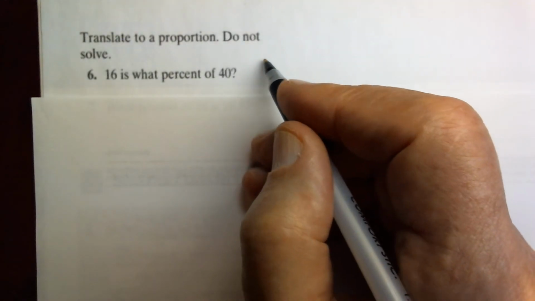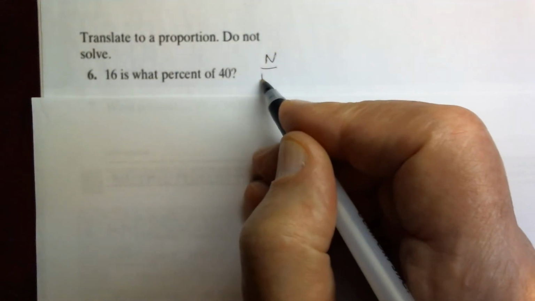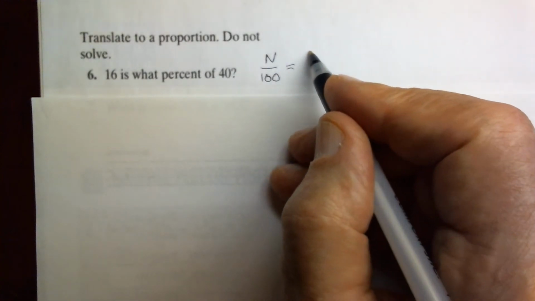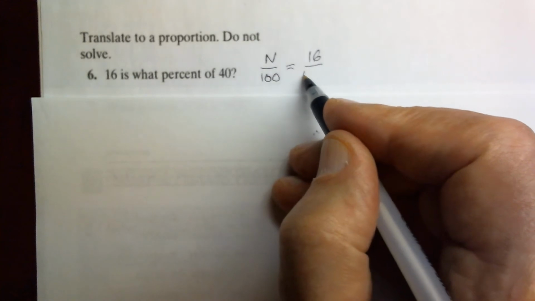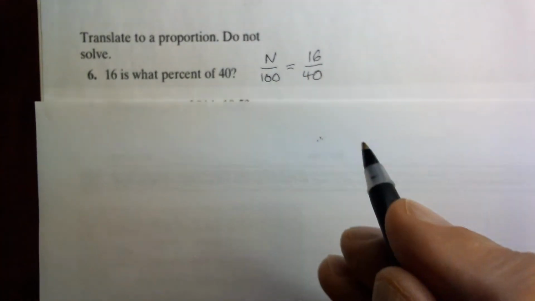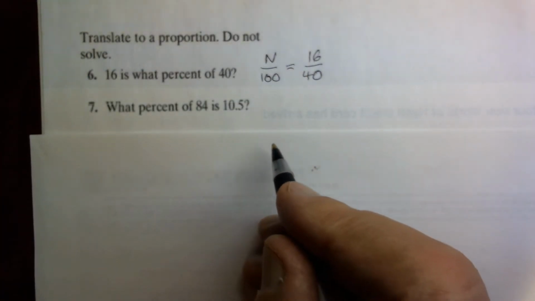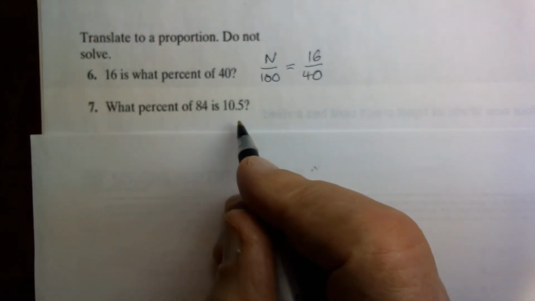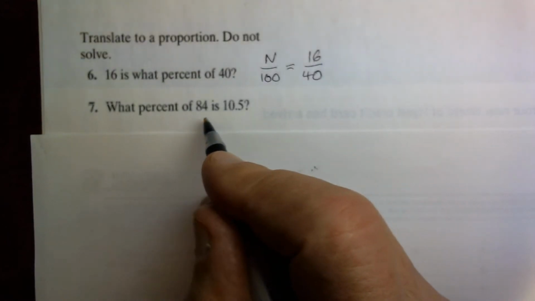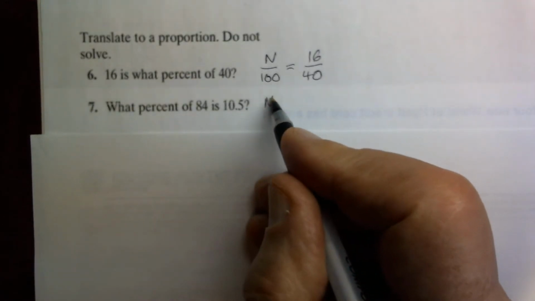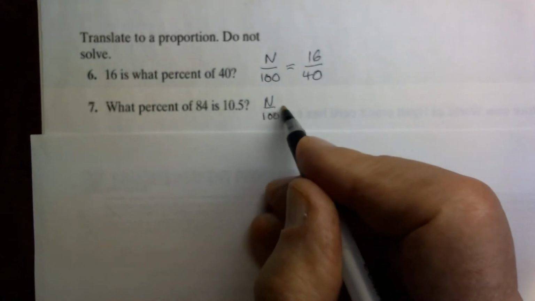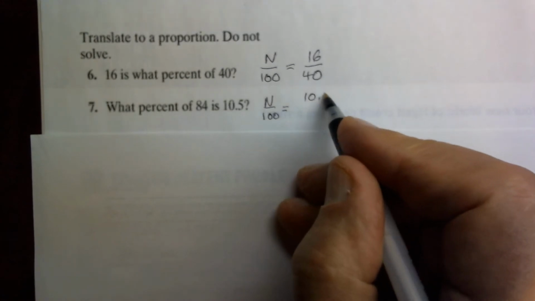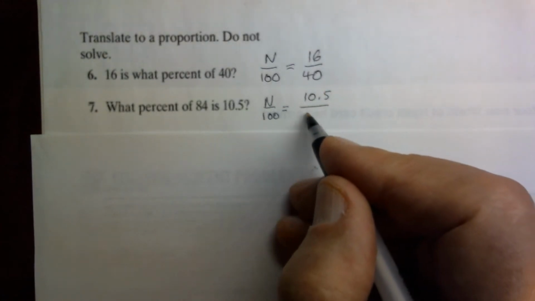So what percent is n divided by 100 as 16 is to 40? Similarly, number 7, what percent of 84 is 10.5? So we have n for what percent, n divided by 100 equals 10.5 to 84.